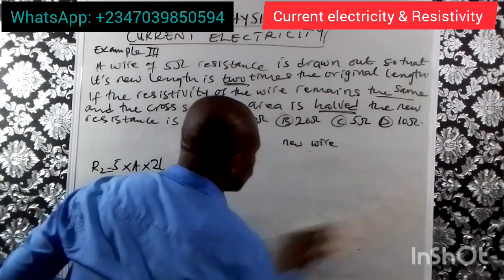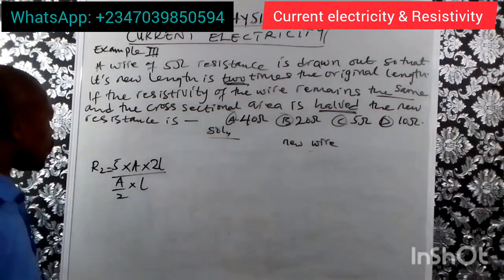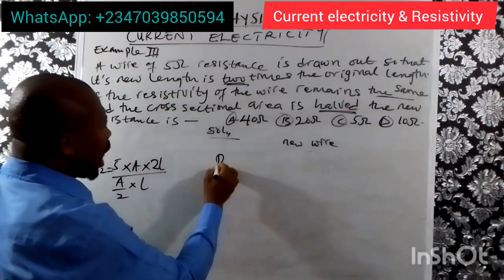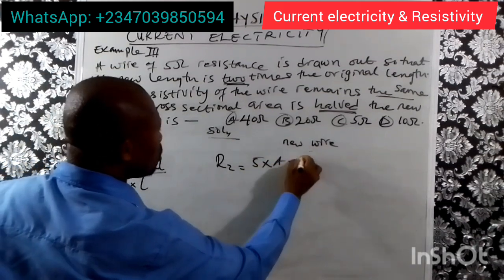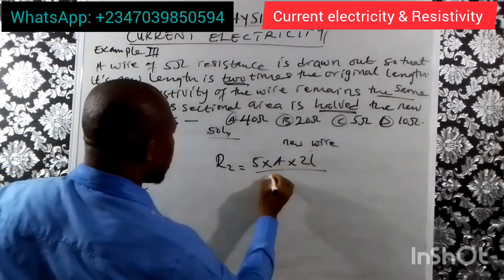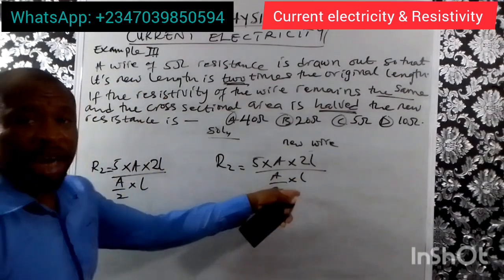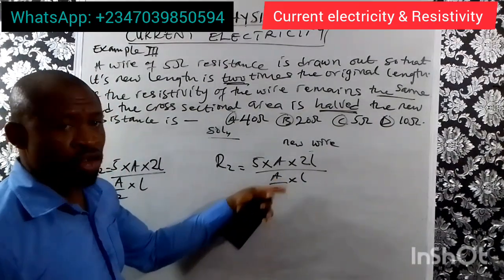Having substituted that, R2 is equal to 5 times A times 2L all over A over 2 multiplied by L. What do we do here? This is an improper fraction, so we rationalize it.